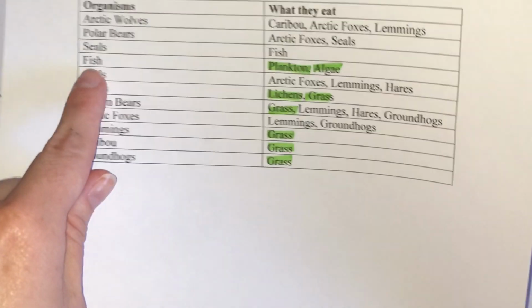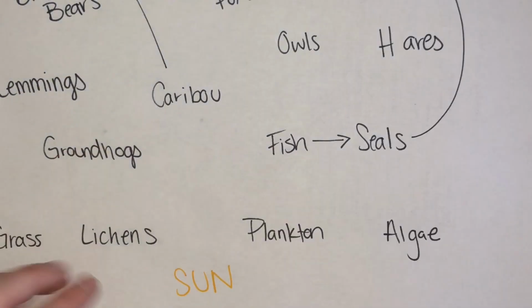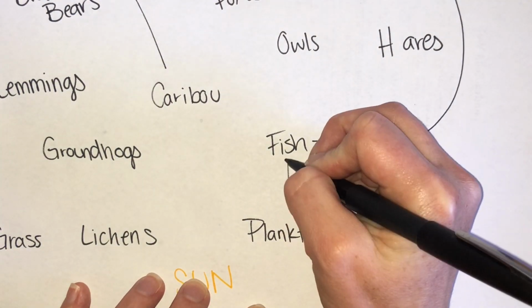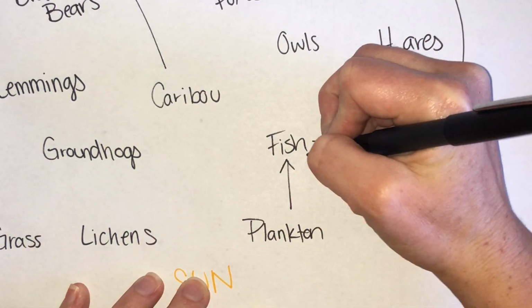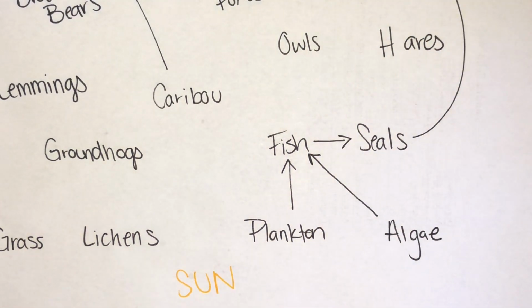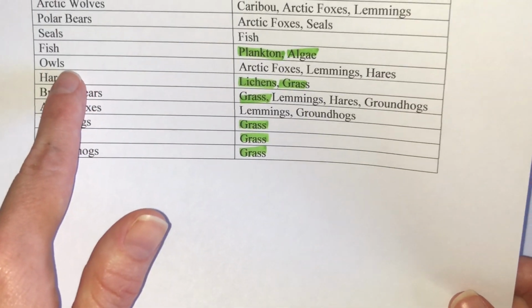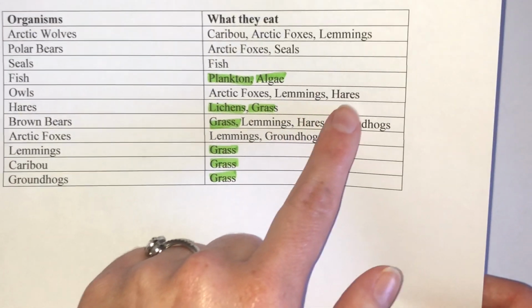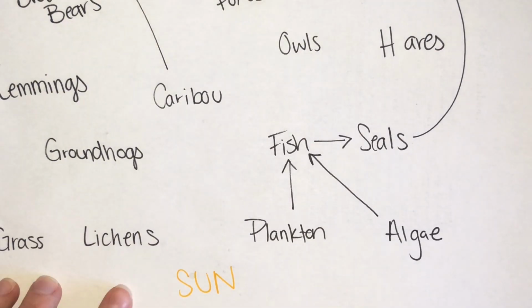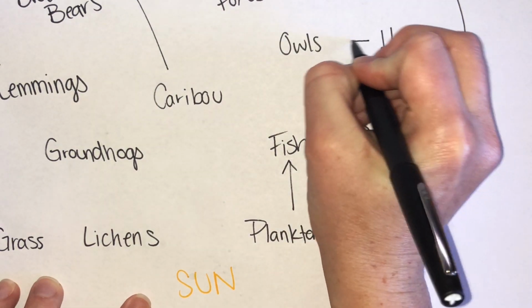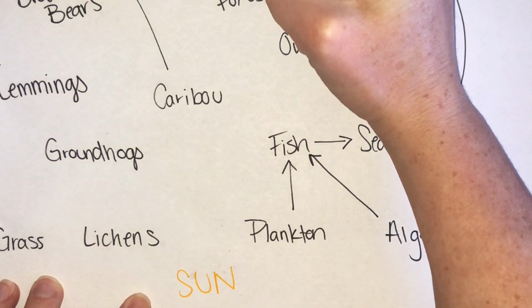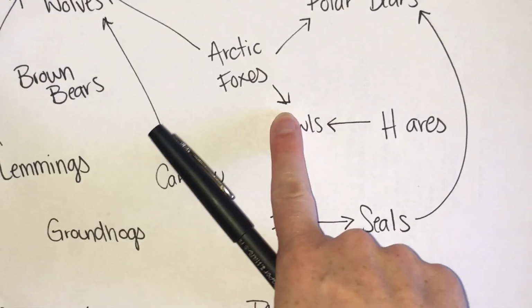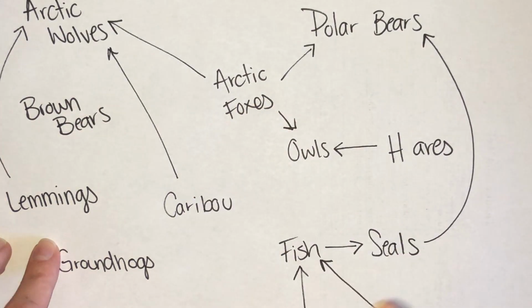So next, fish eat plankton and algae. So here's plankton, algae. Next, owls eat Arctic foxes, lemmings, and hares. So, now notice this arrow goes down here. That's okay.